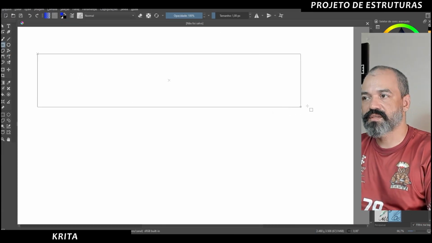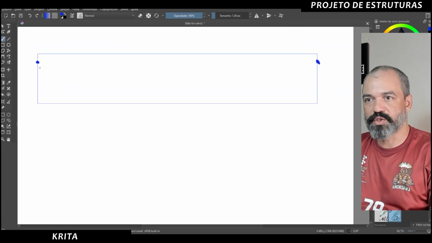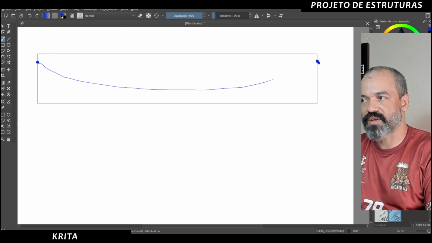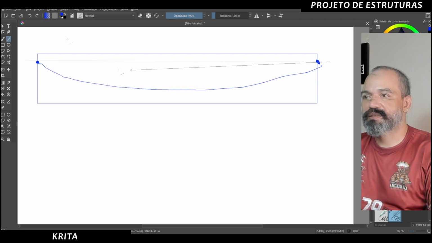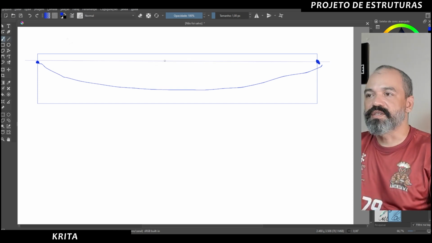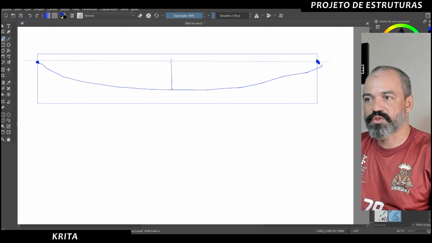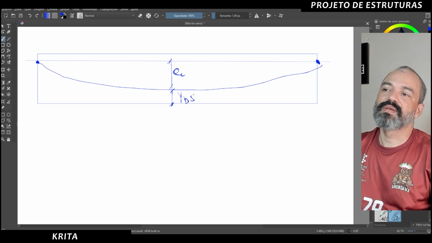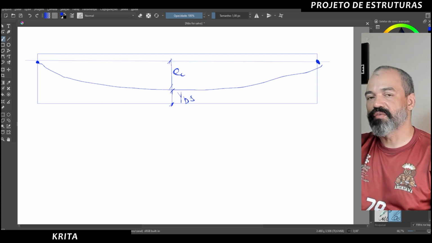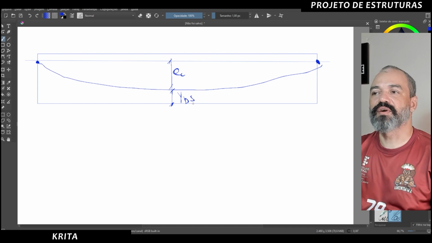Let's say that this is our girder, an anchorage plate here and here, and the strands go like this, harped, and we have a line that connects the sides of our girder. This is the eccentricity, ec, and this distance here is our ybs, all right? The distance from the centroid of our tendon to the bottom fiber of our girder.